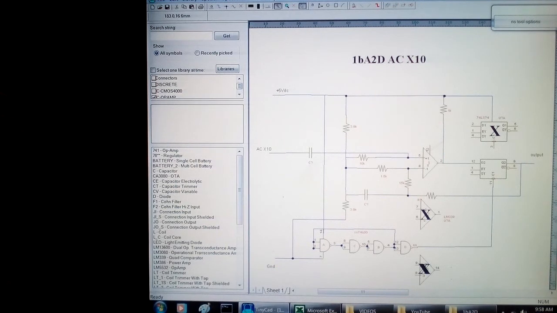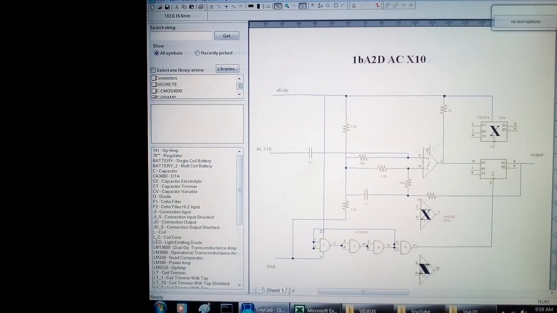This is a schematic for the AC times 10 channel. Most of the audio sources that I have around are earphone jacks from MP3 players or computers, and they're fairly low level, like 100 millivolts. So I decided we needed a gain of 10. From the reconstructed output signal, here's the little RC filter, there's a 10-to-1 voltage divider here, so that basically what we're comparing is 1/10 of the output to the input signal.